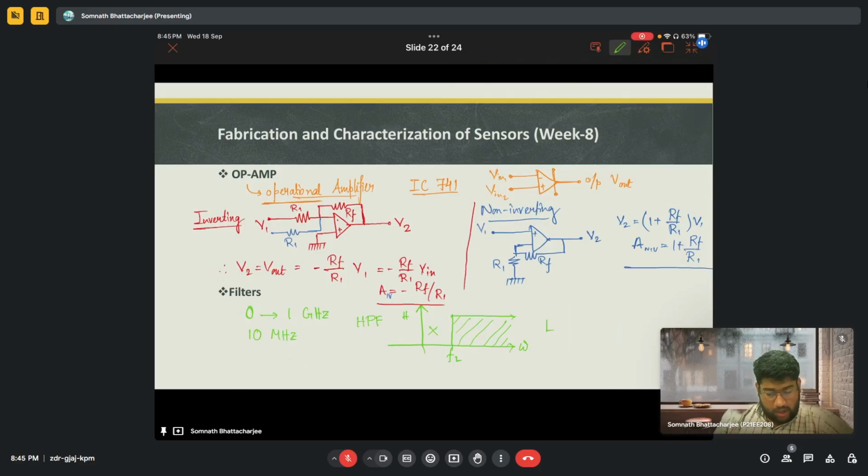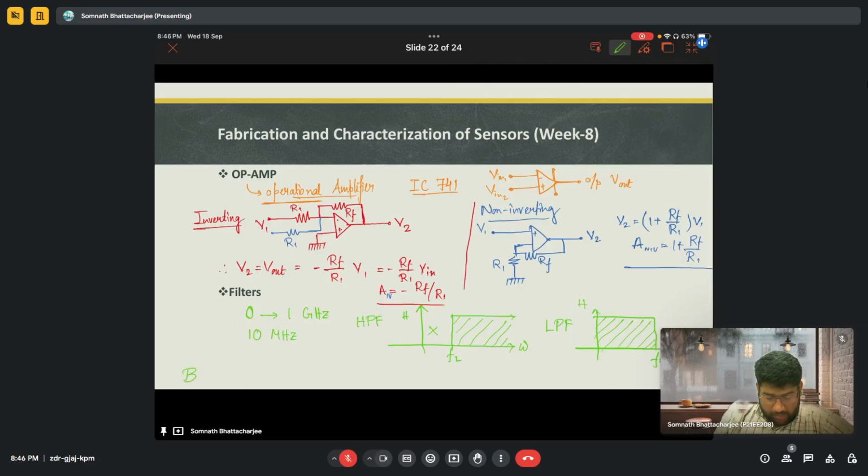Similarly, there can be a low pass filter where you just need to pass this region, that is, up to the higher cutoff frequency, and based on this you can get the signal directly from this, and there may be higher frequency noises as well.